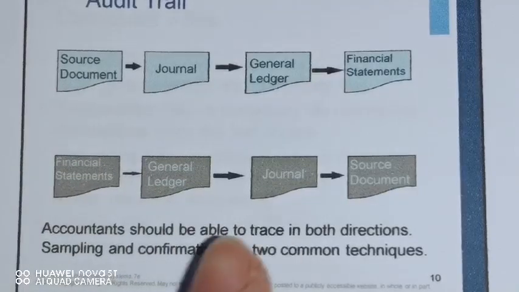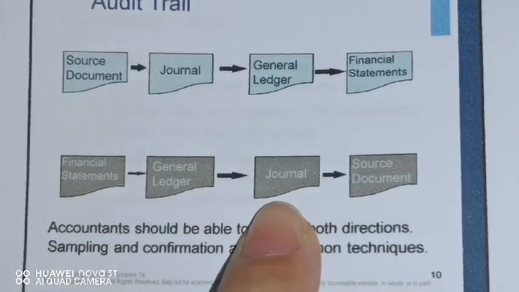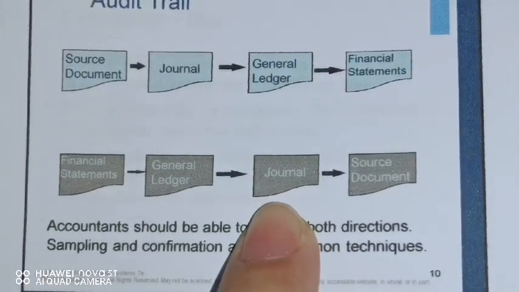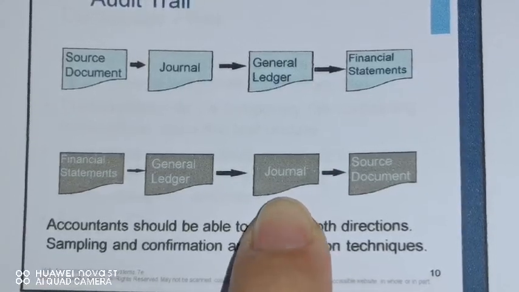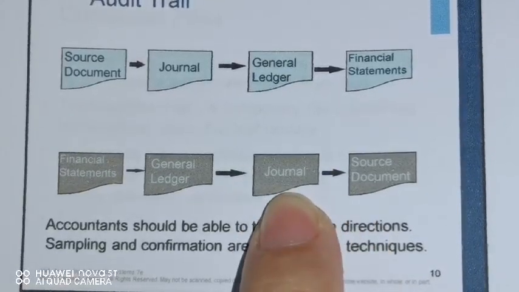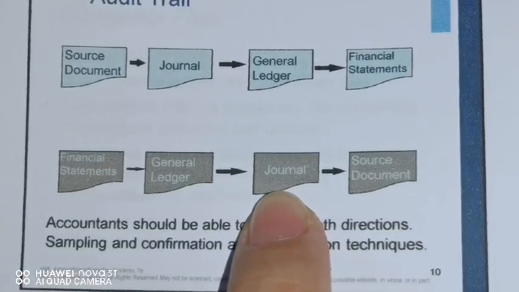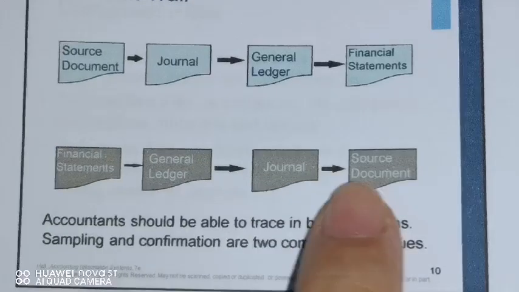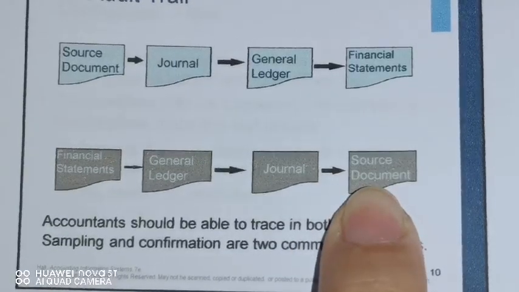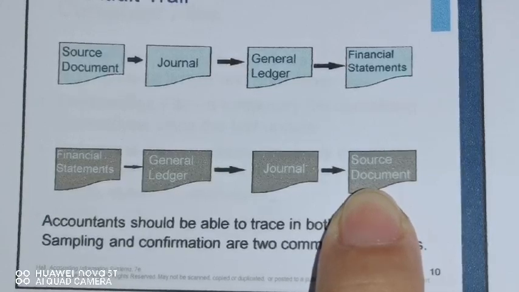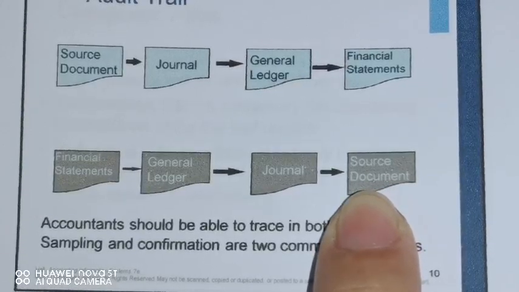So, you have to go to the journal para ma-trace mo kung ano yung specific transaction that is recorded in the journal. And then from the journal, you will see there the reference kung saan nanggaling yung entry na yon, which is from a source document. From there, makukumpirma mo kung yun nga ba talaga yung balance nung customer na yon.